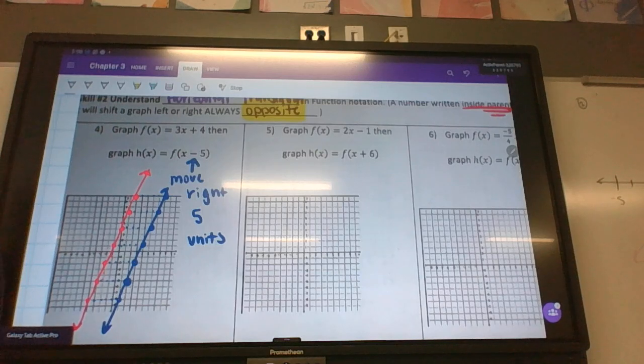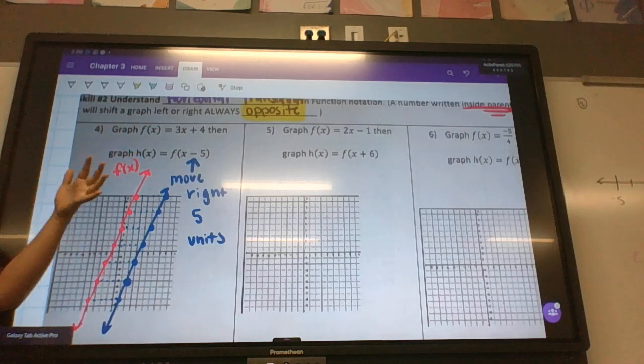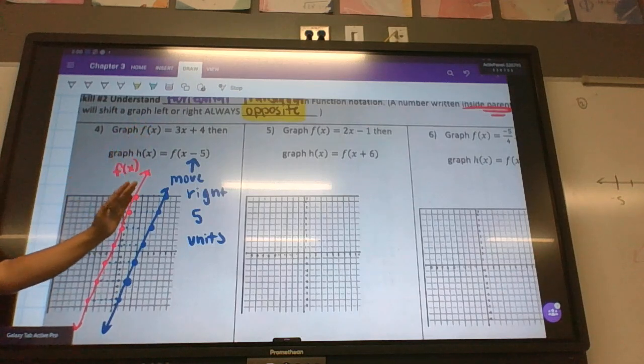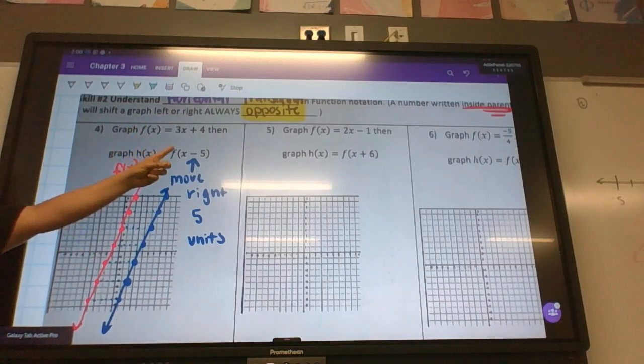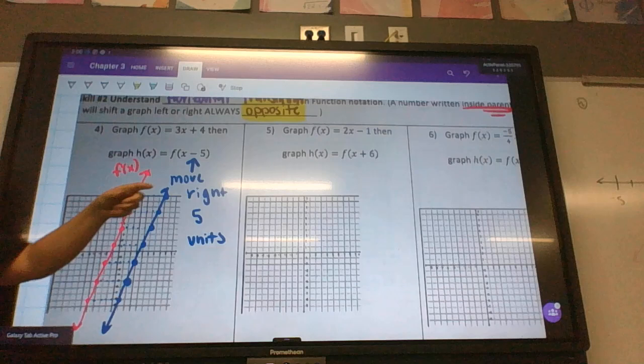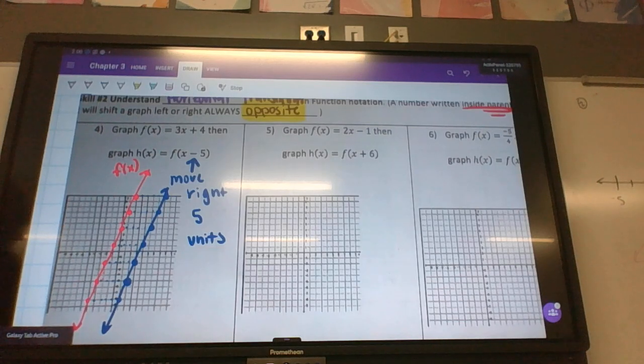So like the first one that I did, the original, I'm going to label it f of x. The new one that I did is called h of x, and that tells people what they're looking at. So f is the original, h is the function shifted right 5. So I'm going to label this blue one h of x.